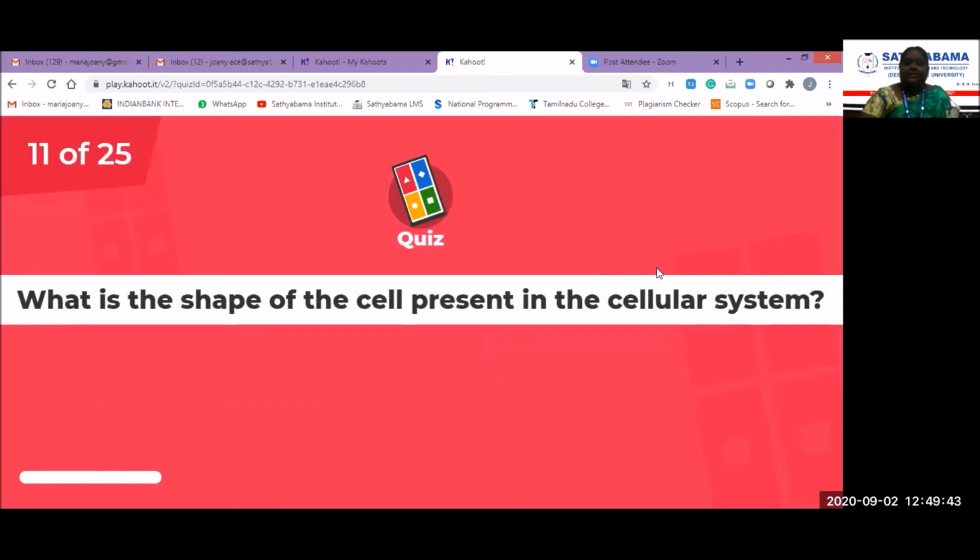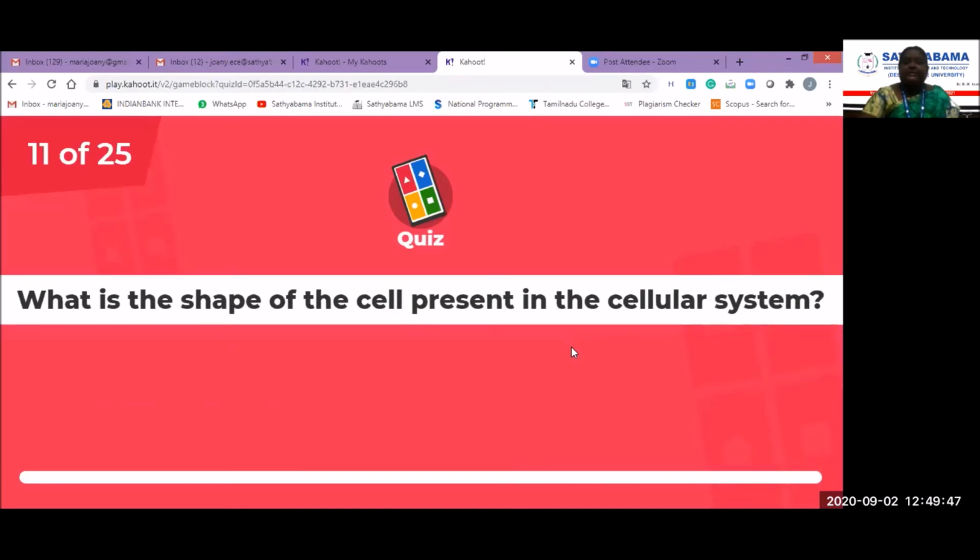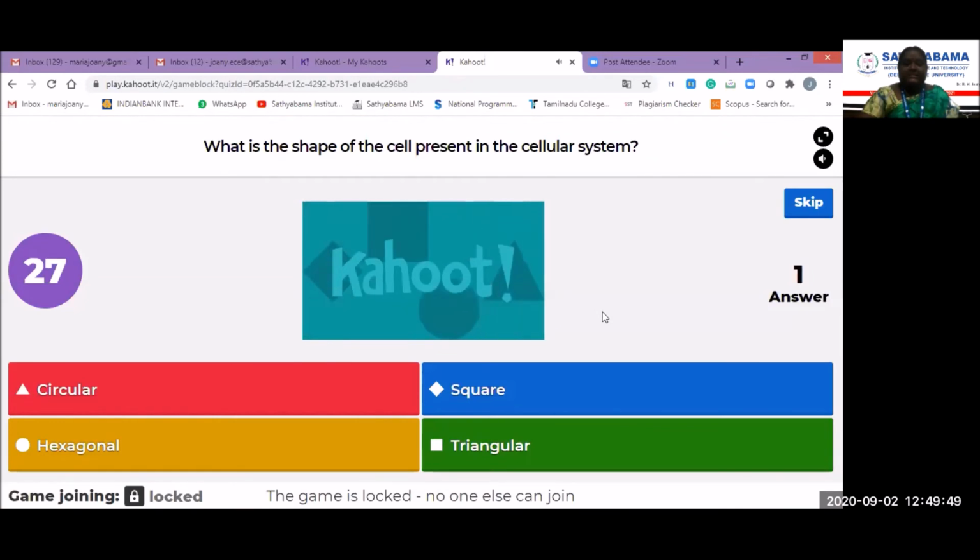What is the shape of the cell present in the cellular system? Yesterday we discussed cellular telephones. What is the shape of the cell?